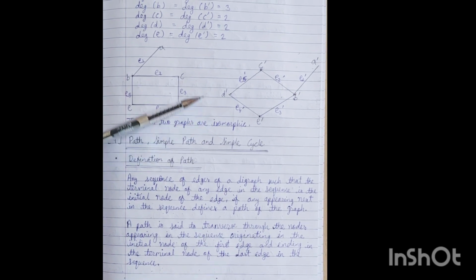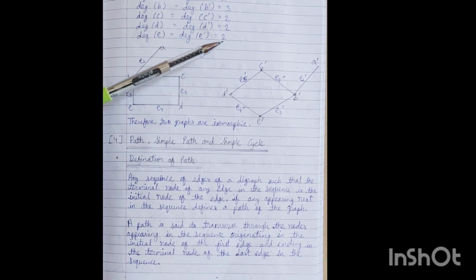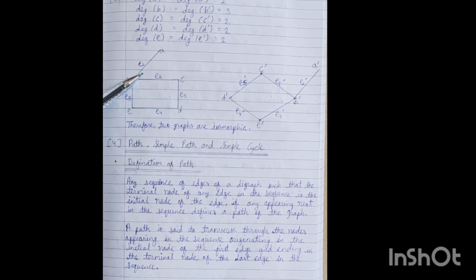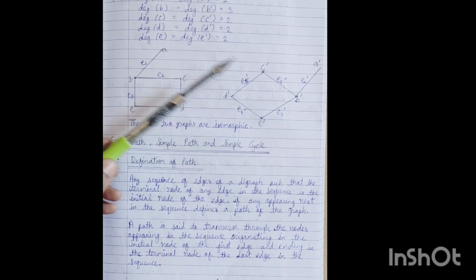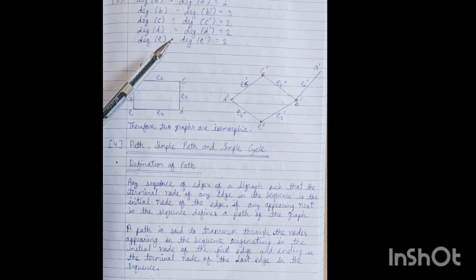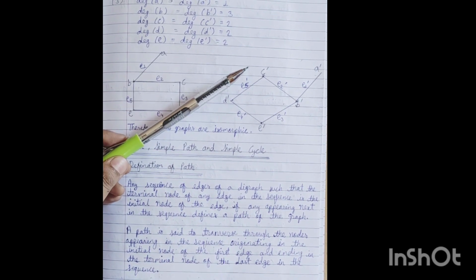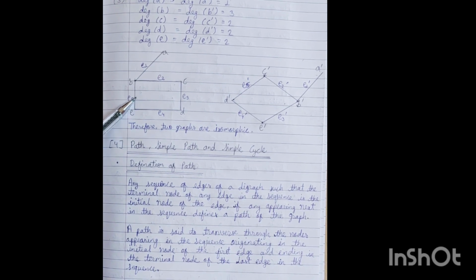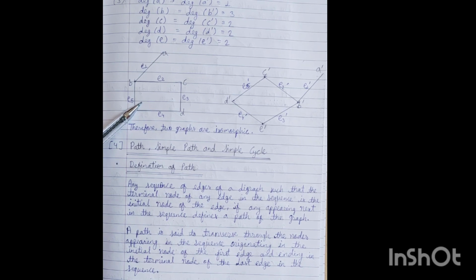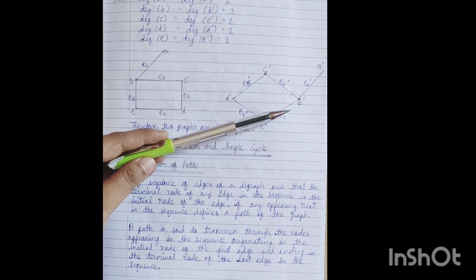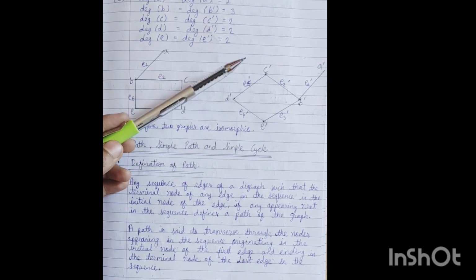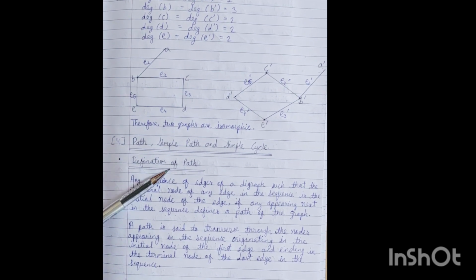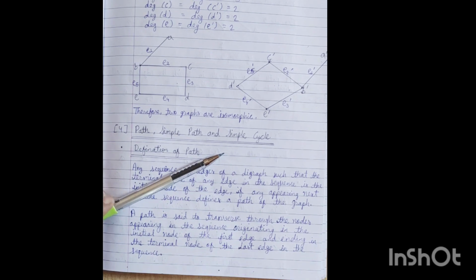Now we see degree of A is equal to degree of A dash is equal to 1. This is E1 and E1 dash. Now degree of B and degree of B dash is equal to 3 because E1, E2 and E5, these 3, and B dash is E1, E2 and E3, these 3. Similarly for degree C, D and E. Therefore, two graphs are isomorphic.